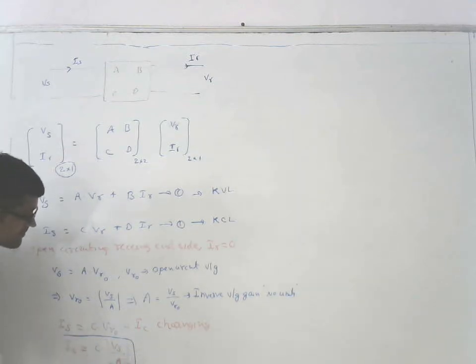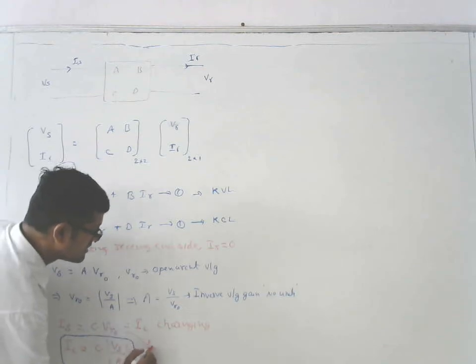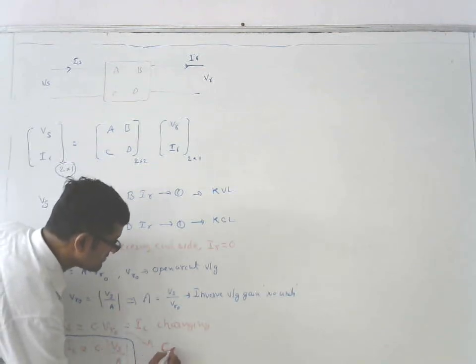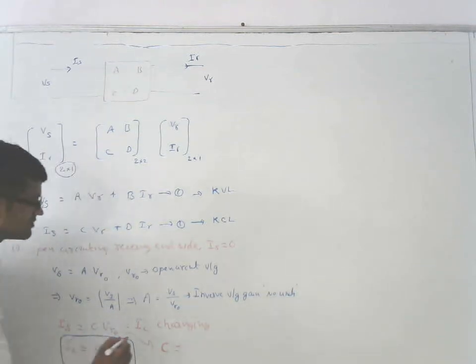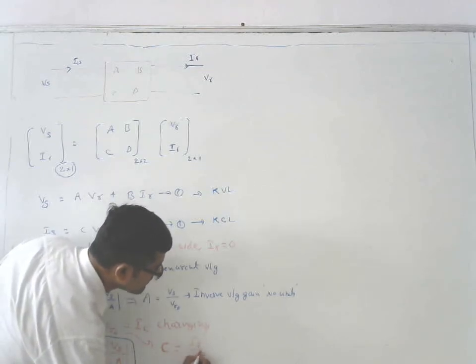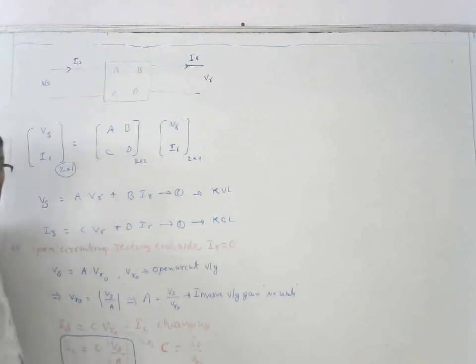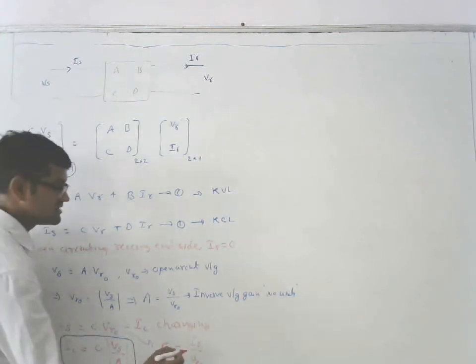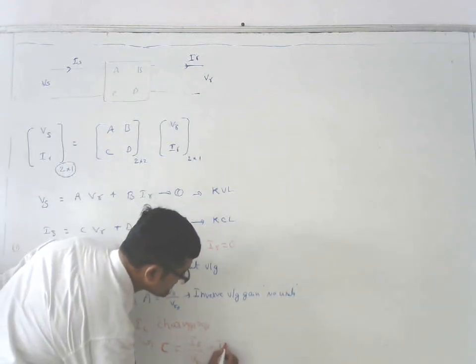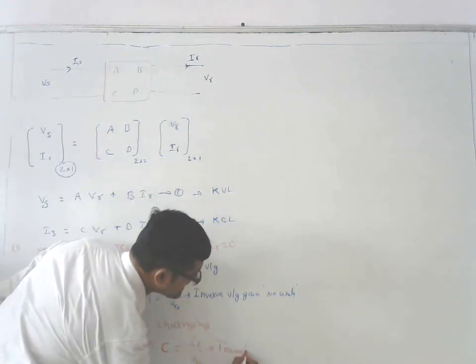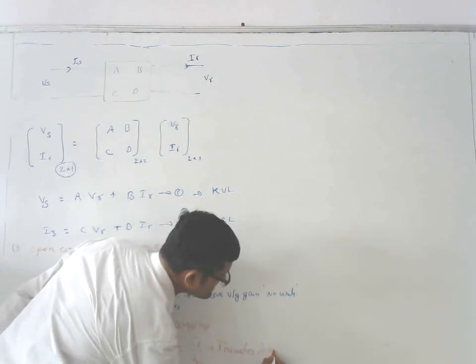Now in this condition, parameter C can be defined with the formula C is equal to Is by VR naught. Is by VR naught is the ratio of current to voltage, which is nothing but the inverse of impedance. So we can call it the transfer admittance, because the inverse of impedance is admittance.